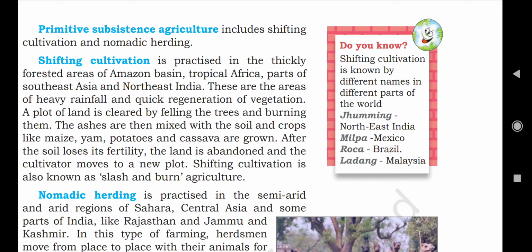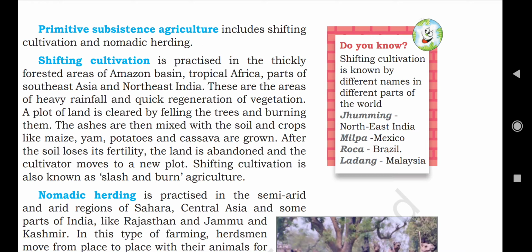A plot of land is cleared by felling of trees and burning them, and shifting cultivation is known by different names in different parts of the world. For example, jhumming in northeast India, milpa in Mexico, roca in Brazil, ladang in Malaysia.